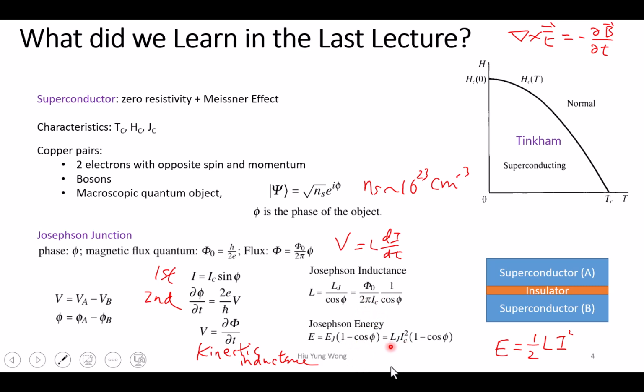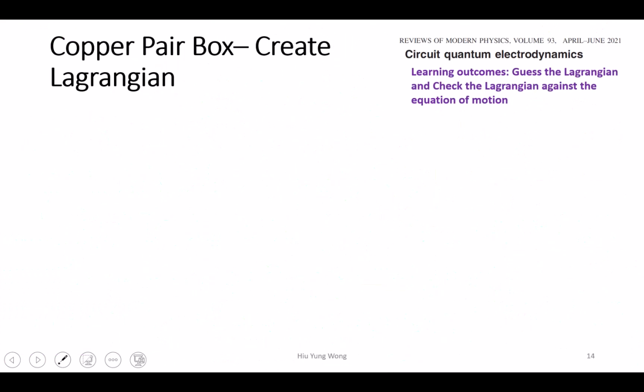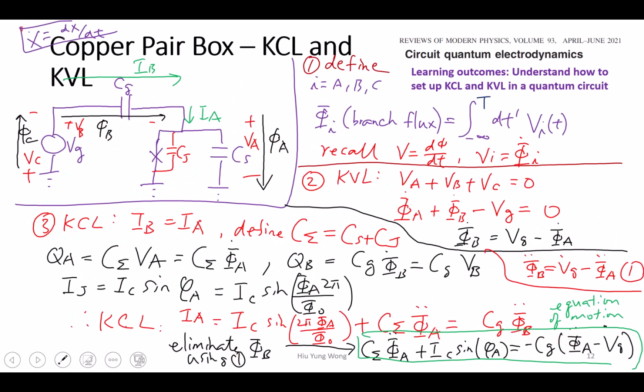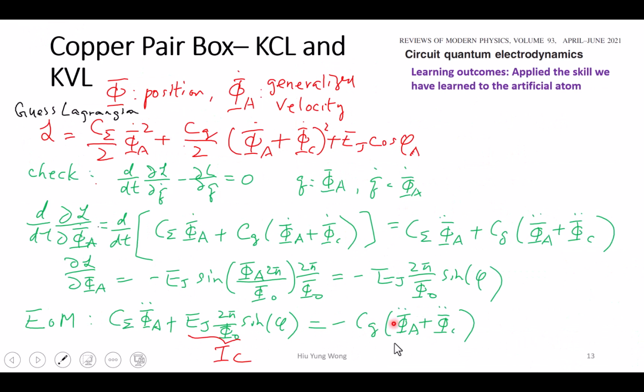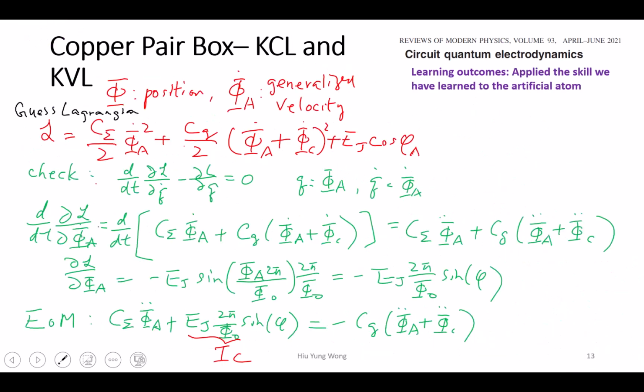Oh, I did not put it here, however, it was in the last line. But anyway, you trust me. EJ times this guy equals IC, right? So I get back the same equation as here, if you go back to the previous line: negative CG times phi double dot plus phi C double dot, because phi C is just equal to negative VG.